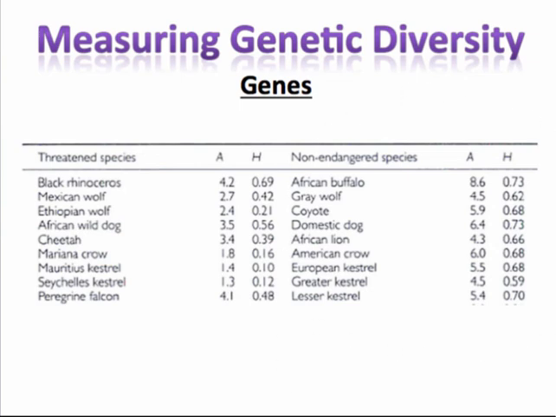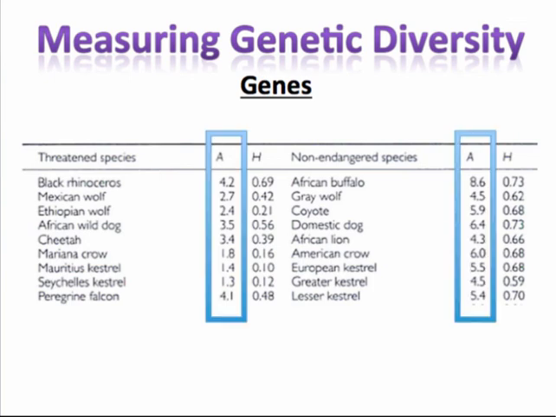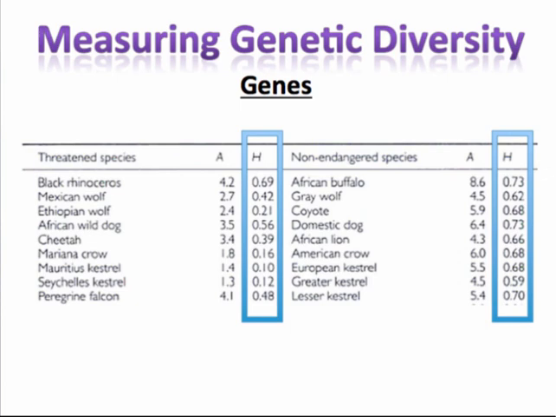And if we look at the allelic diversity here for both of them, you can see that in the threatened species, the allelic diversity is much lower than in the non-threatened species. Similarly, if you look at heterozygosity, you can see that the heterozygosity is lower in the threatened species than the non-threatened species. And so this indicates that there is more genetic diversity in these non-threatened species.